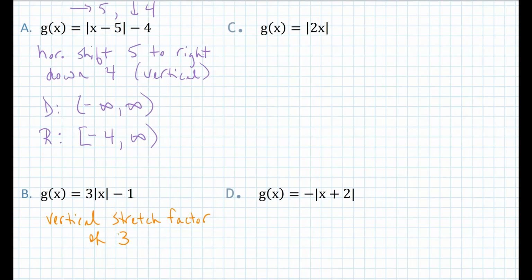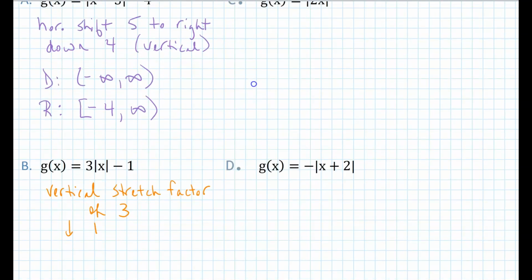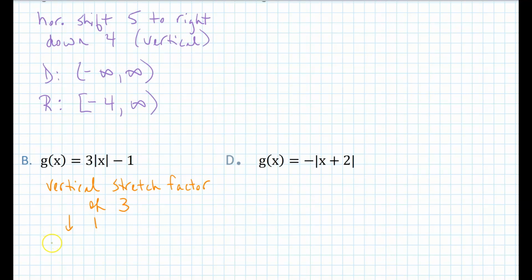So that was the first one, and then what? Down by 1. Is that like a vertical translation? Vertical stretch means it's going to go towards the y-axis. So for the negative 1, that's just a shift.